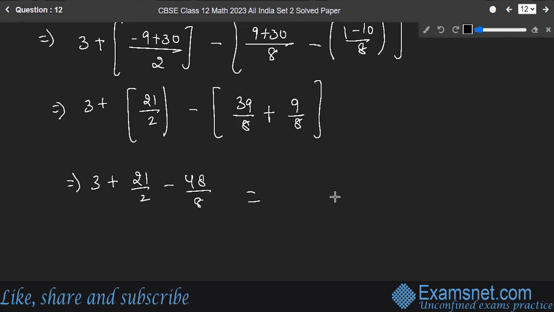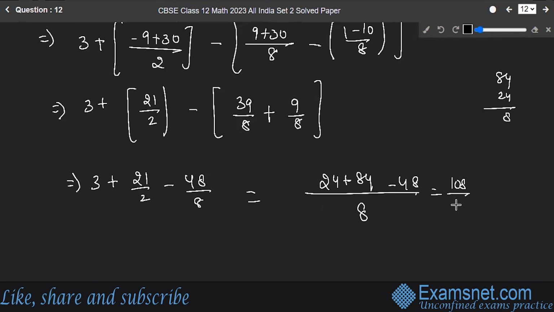Now let's take the LCM, and here will be 8, 24 plus 84 minus 48. Okay, this is fine, no problem. Okay, so here you have 84 plus 24 will give you 108 upon 8, right?